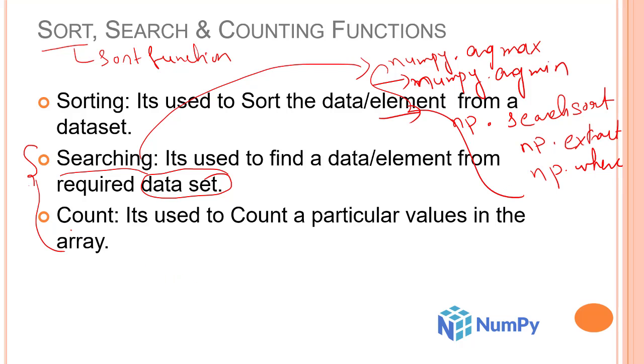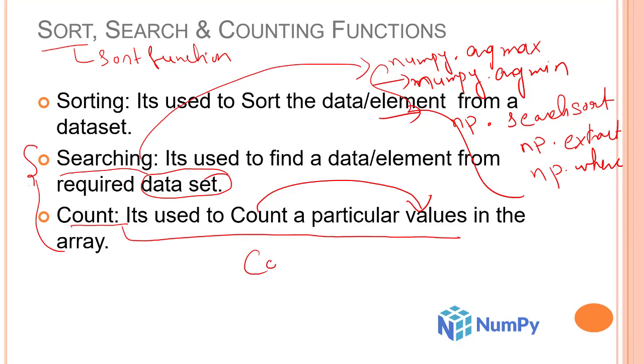Let's move to counting. It is used for counting values. If you want to count the values, we use a counting method. As the name itself says, we have a count method, which is the general method in NumPy, as well as another method for counting, the count non-zero method.